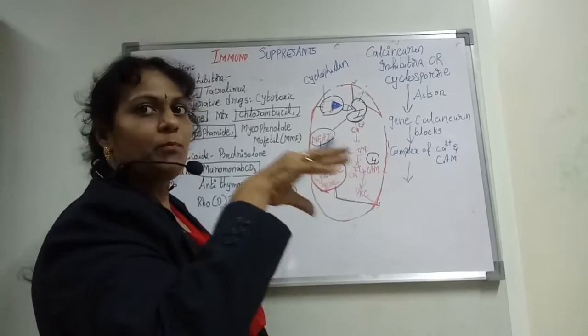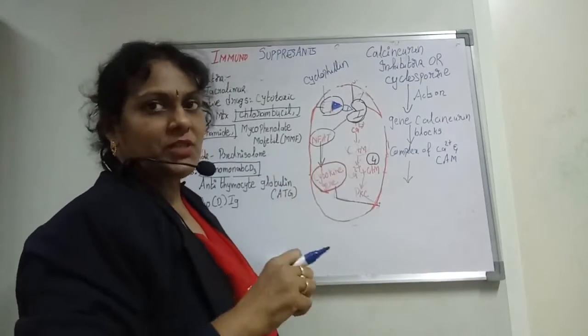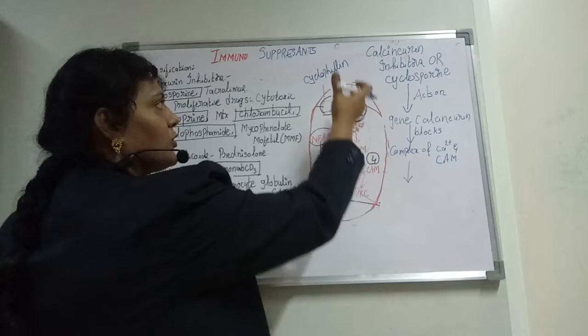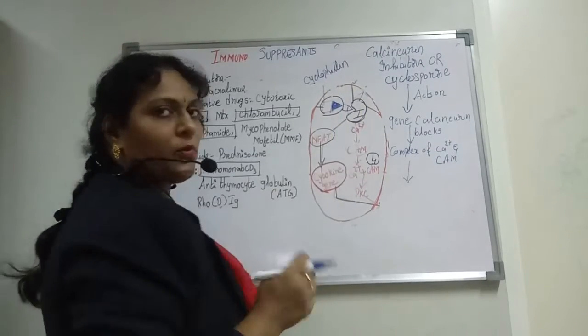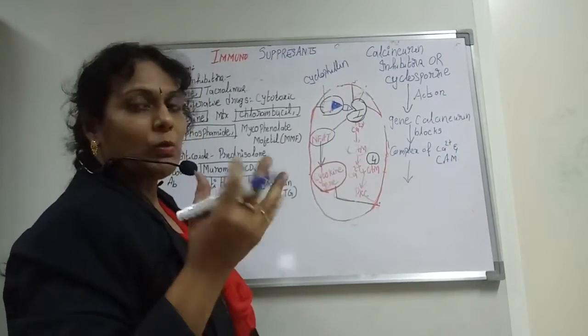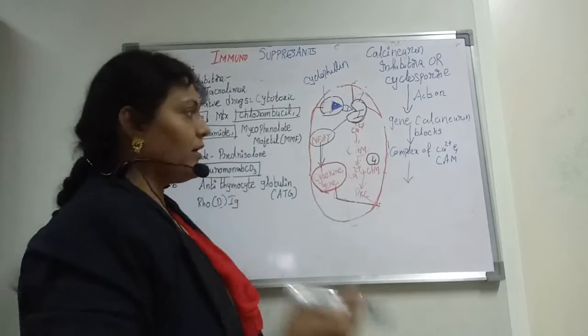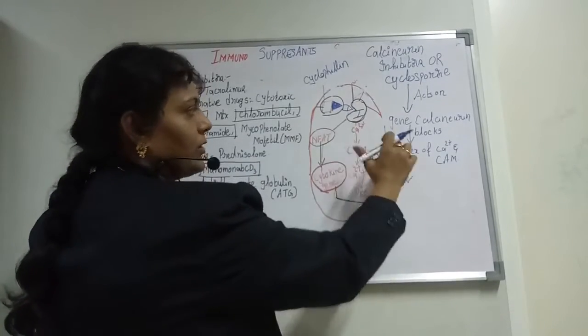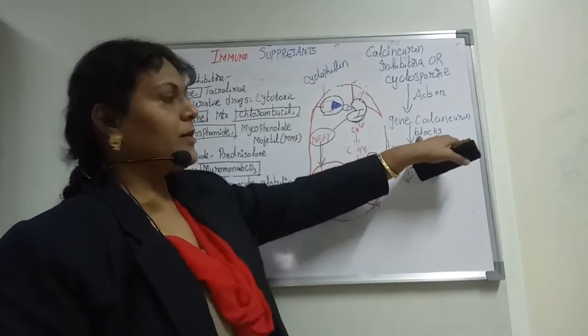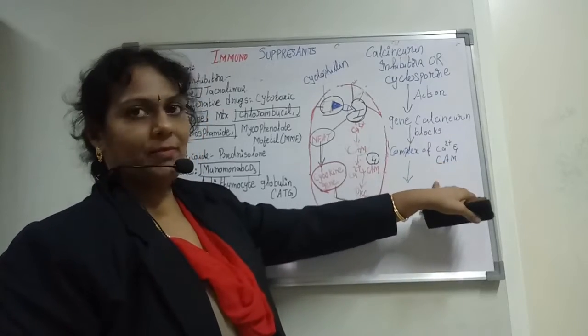Why? Because it has been blocked by another foreign substance, nothing but the drug. So this is the cyclophilin gene, which is collected by cyclosporin, and now we can represent that here.